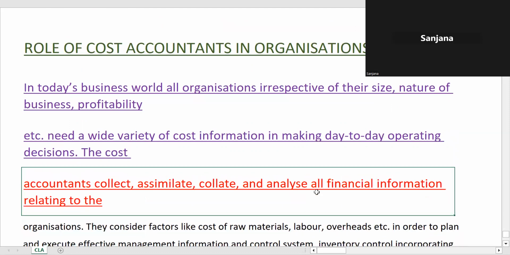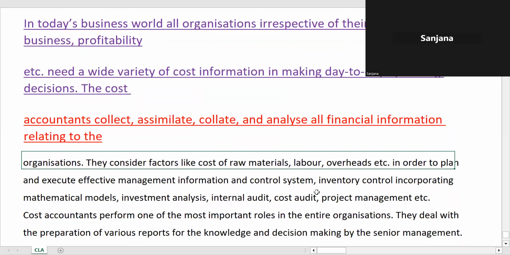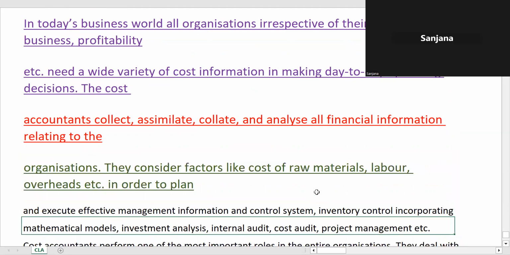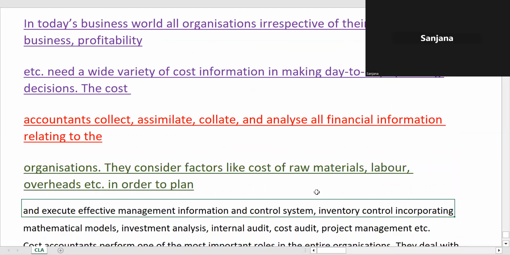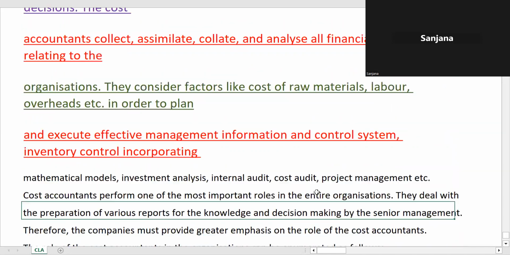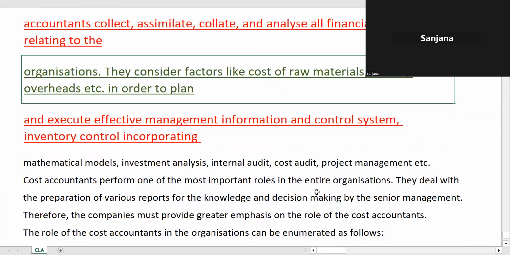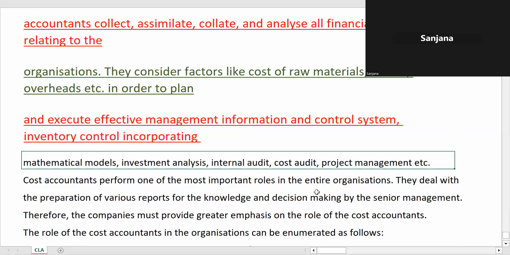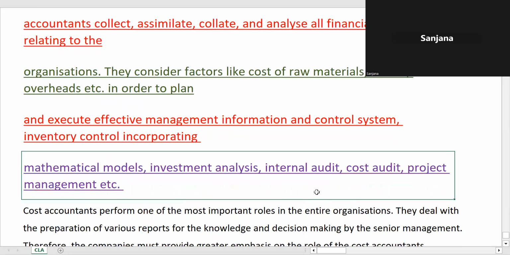Cost accountants collect, assimilate, collate, analyze all financial information relating to organizations. Just write what you do in costing. They consider all material, labor, overheads in order to plan and execute effective management information and control systems, incorporating mathematical models, investment analysis, internal audit, cost audit, project management.